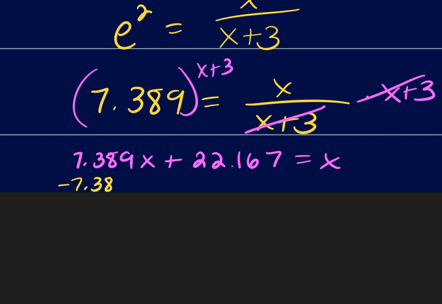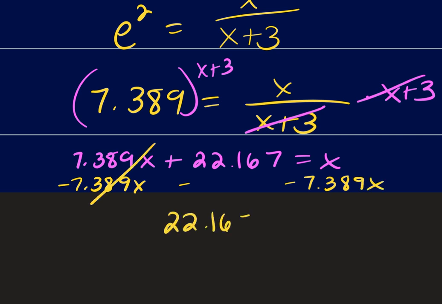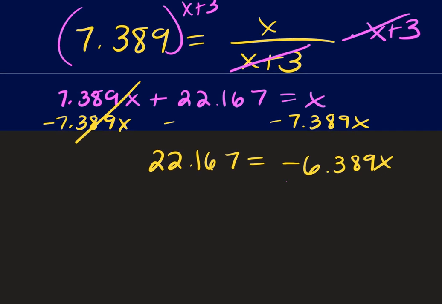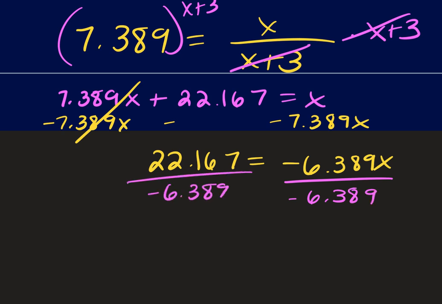Subtract the 7.389x. And then divide both sides by negative 6.389. And I get x equals negative 3.469, so 470.